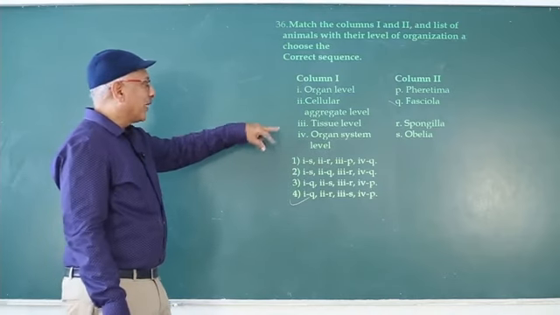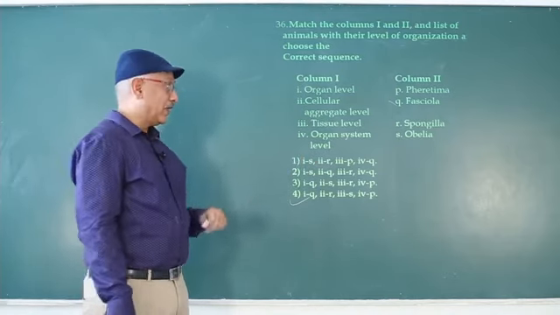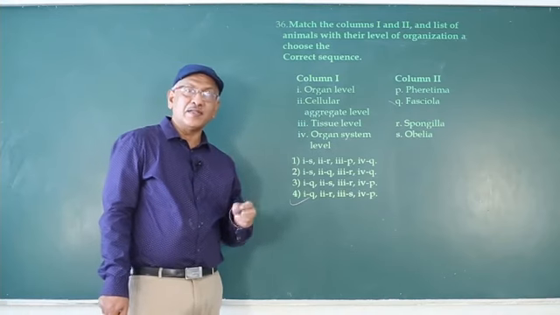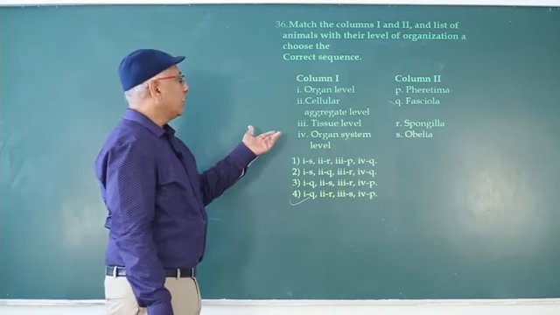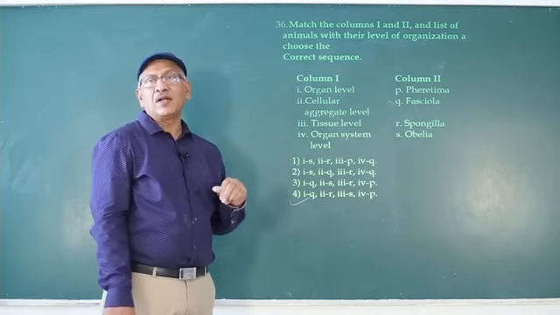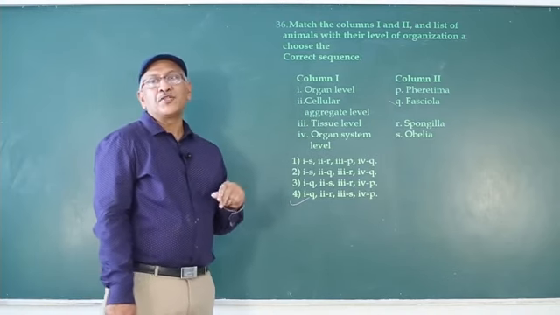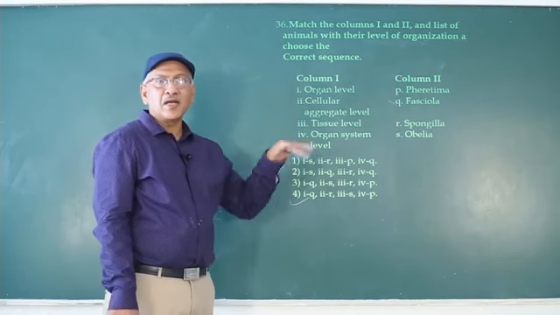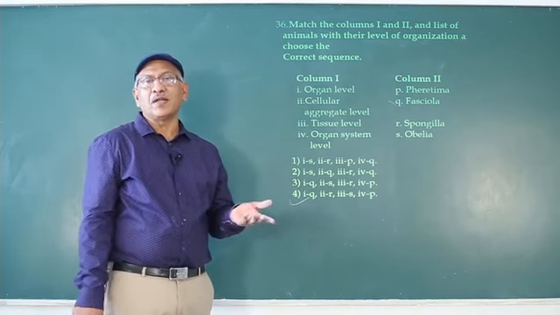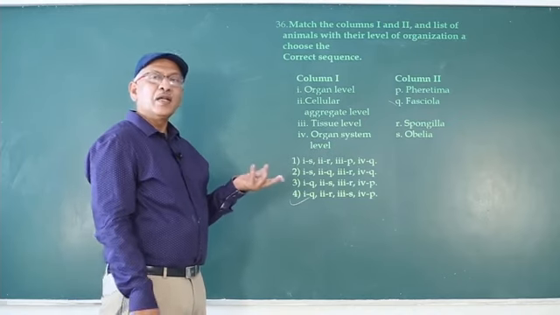Next, tissue level, Obelia, Cnidaria. Tissue level of organization is seen in Cnidaria and Ctenophora. According to our textbook, organ level of organization, Fasciola, Platyhelminthes. In NCERT, one page gives organ level and another gives organ system level, a controversy, though truly it is organ system.